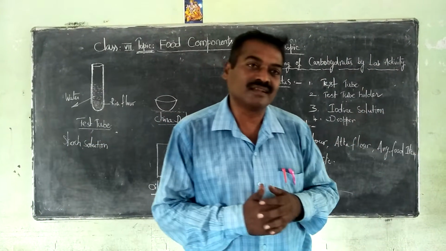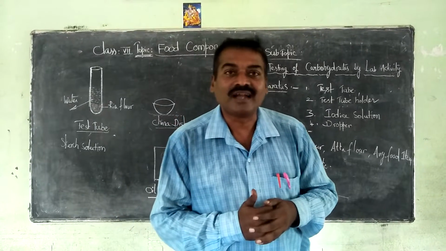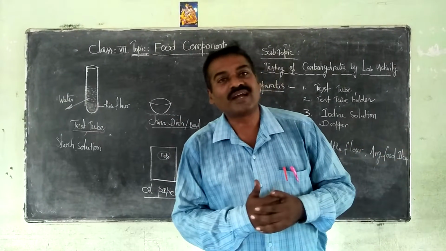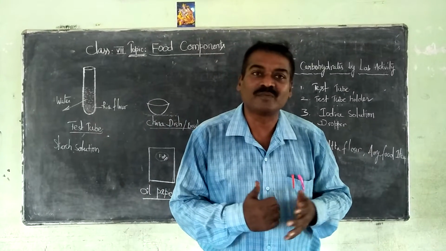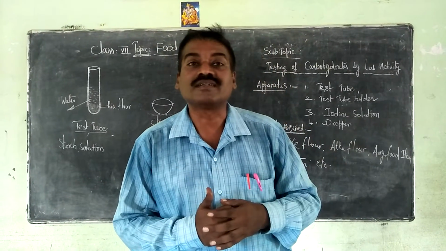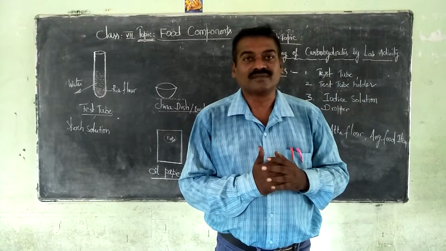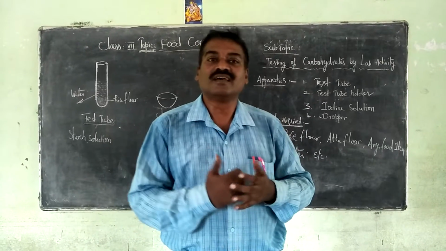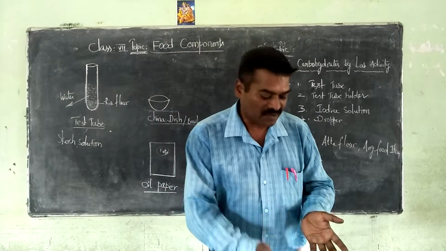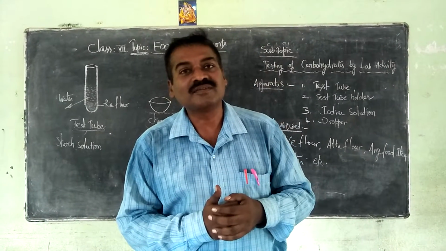So my dear children, I think you are all very interested, observe and understand well the carbohydrates and fats present in the materials which were prepared by your mother and which we take daily. That is why you must observe which material has carbohydrates, which food item has fats, and which contains proteins by using simple activities.